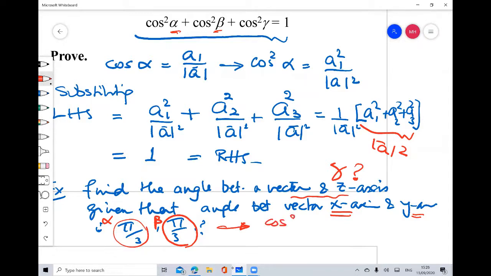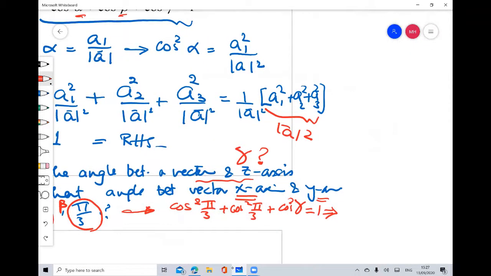In this identity, I'm going to get cosine squared pi over 3 plus cosine squared pi over 3 plus cosine squared gamma equals 1. We know from trigonometry that the cosine of 60 degrees is a half, so the cosine squared is 1 over 4 plus 1 over 4 plus cosine squared gamma equals 1. So cosine squared gamma is equal to 1 minus a half, which is a half.